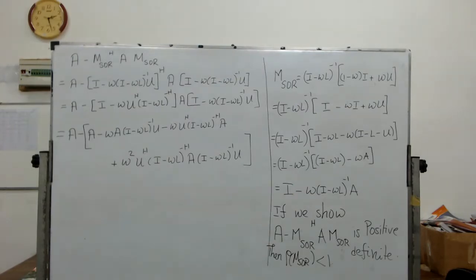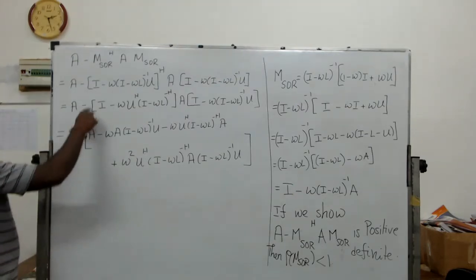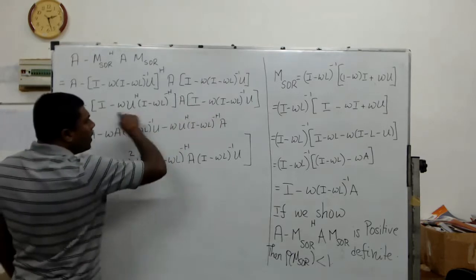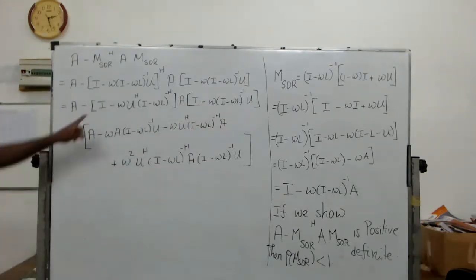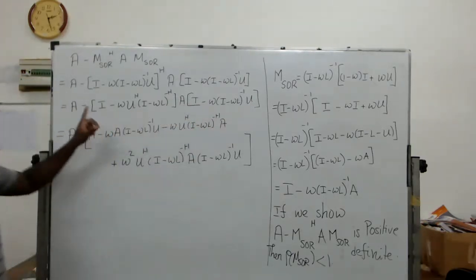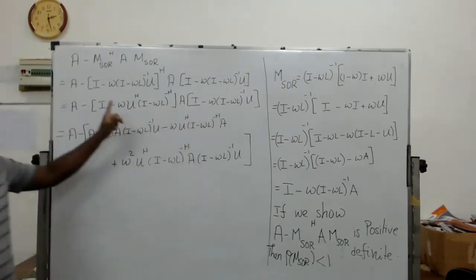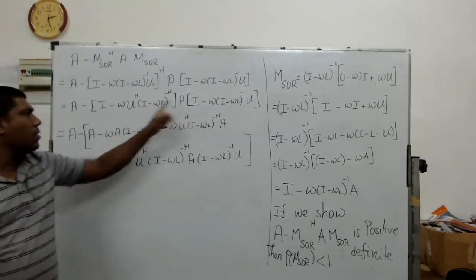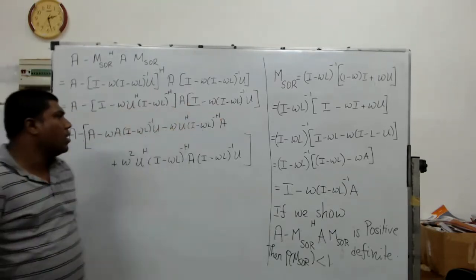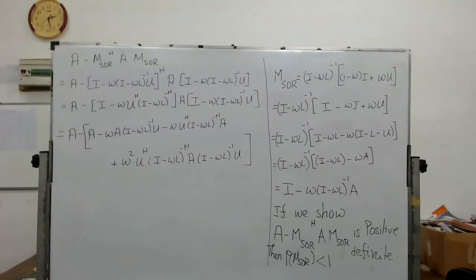Within the whole bracket, you multiply everything out, this time this, and so on. So eventually you will have 4 terms in it. So you can simplify this.